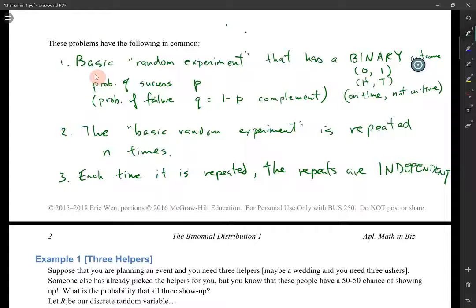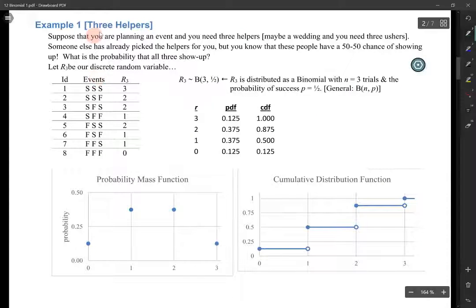Okay, so we started to very briefly look at the 3 helpers case, the wedding. And so how would you do this, right? Hopefully you'd say, well, it's not cost, volume, profit. There's no interest rate, and there's no talking about any money, so we're not doing any time value of money. Something to do with probability. Well, what do you need to talk about probabilities? Well, we define probabilities on events, right?